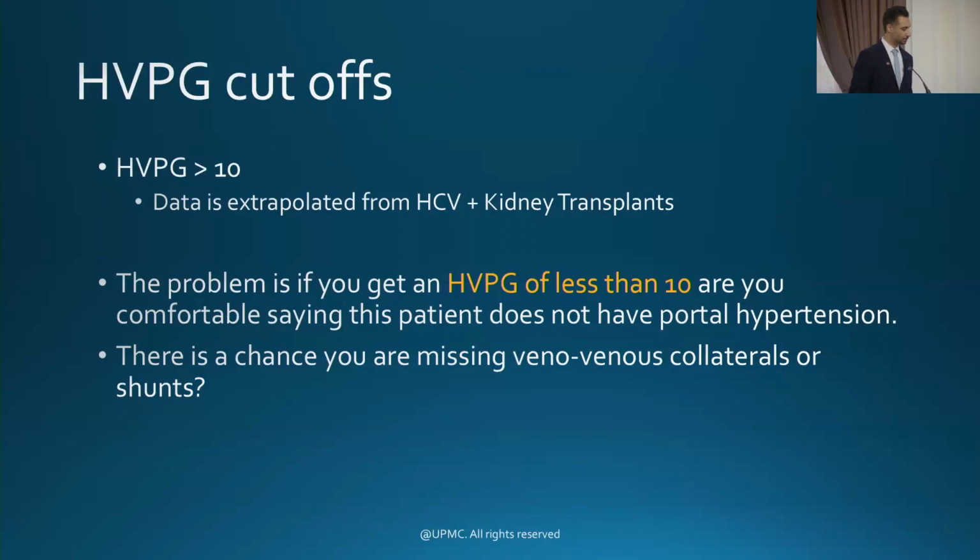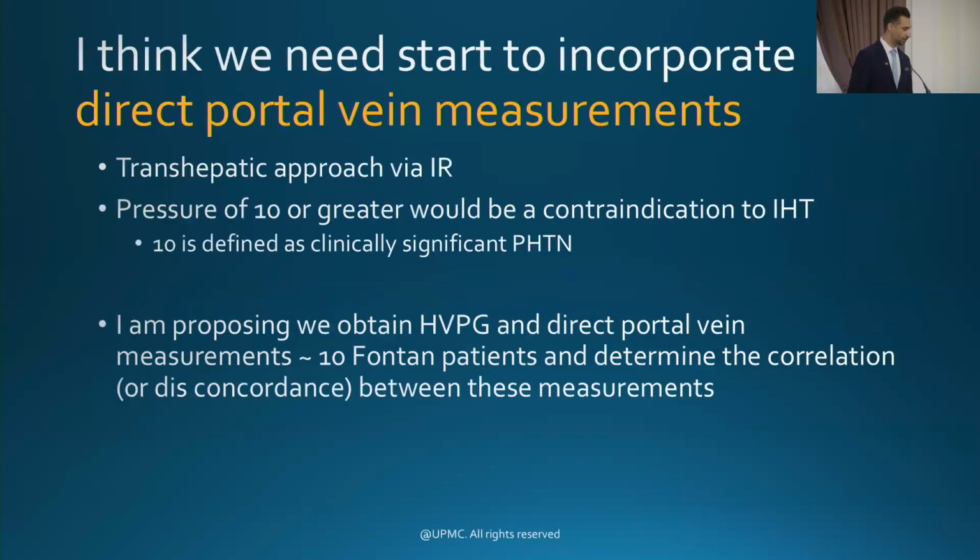The problem is the presence of collaterals in the Fontan patient. So if you get a value of less than 10, are you going to feel comfortable saying that this patient does not have portal hypertension? I think we need to start incorporating direct portal vein measurements. So what I'm proposing is a transhepatic approach via IR, and a pressure greater than 10 directly in the portal vein would exclude a patient from an isolated transplant.